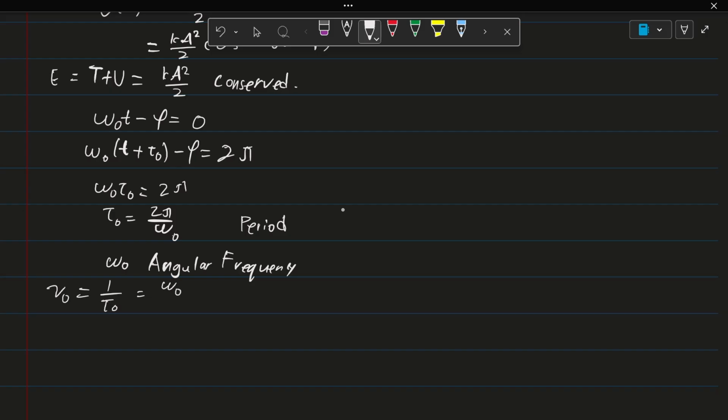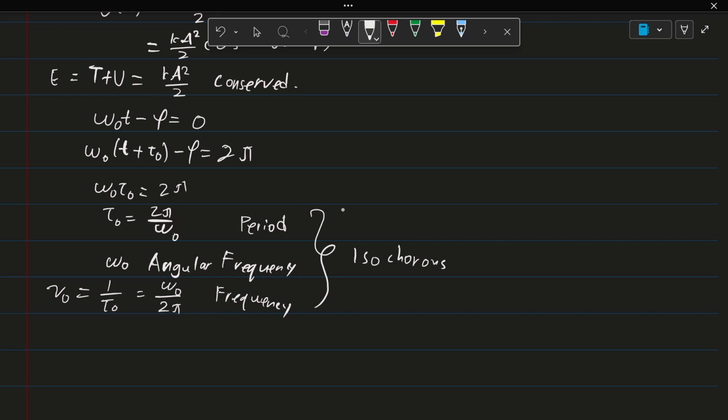It will be omega 0 over 2 pi. So something to note here is that these three different quantities don't depend on the energy or the amplitude. And this is what we call isochronous, in which they don't depend on the amplitude of the system.